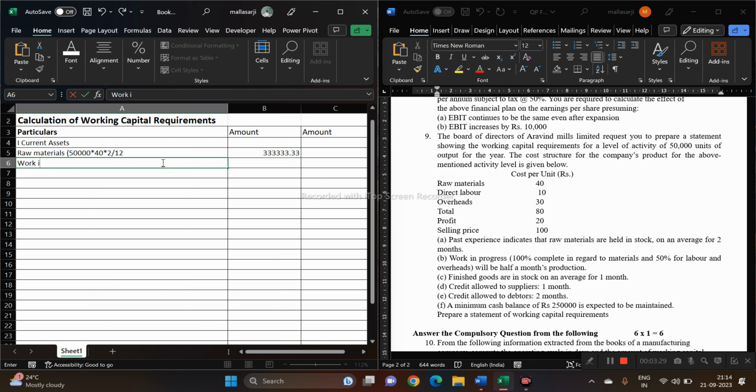Work in progress. We need to do the calculation. Total 50,000 units manufacturing into the cost. For calculation of work in progress we should consider the information: work in process is 100% complete in regard to materials, 50% for labor and overheads.